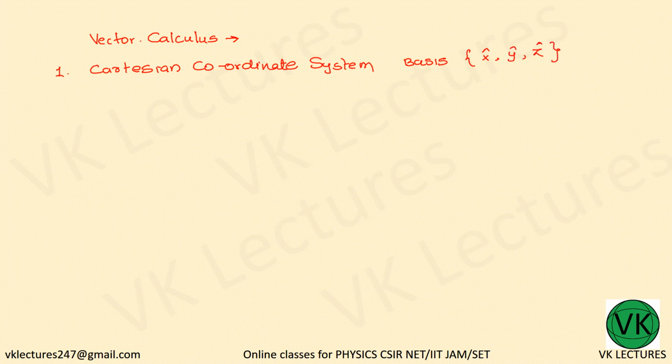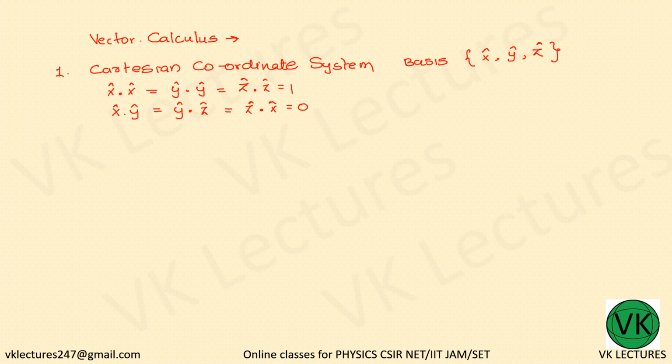That means any vector is a combination of x cap, y cap and z cap, and the conditions are x cap dot x cap equal to y cap dot y cap equal to z cap dot z cap equal to 1. Now similarly we can write x cap dot y cap equal to y cap dot z cap equal to z cap dot x cap equal to 0.